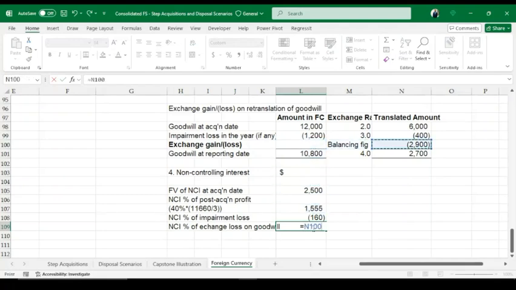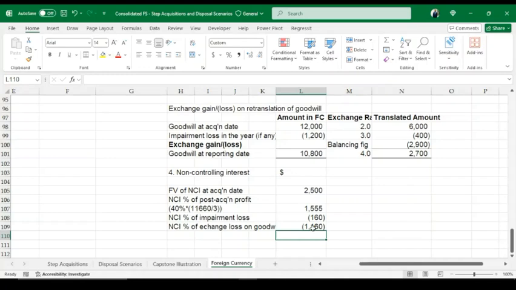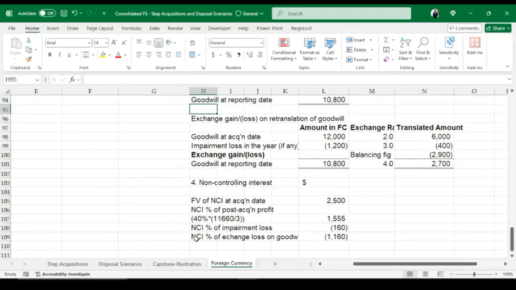It is 2,900 multiplied by 0.4, which is 40%. So that will give me 1,160. All right, that's 1,160. And then the last thing we will look at here is another thing which relates to retranslation on our net assets schedule. But we are going to do that later in our workings.